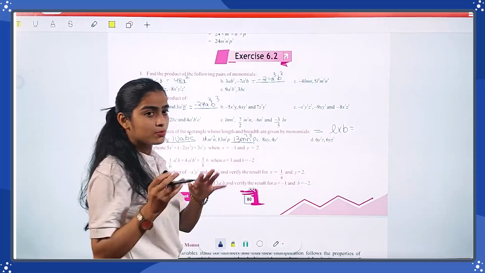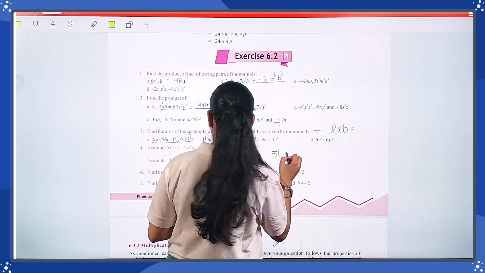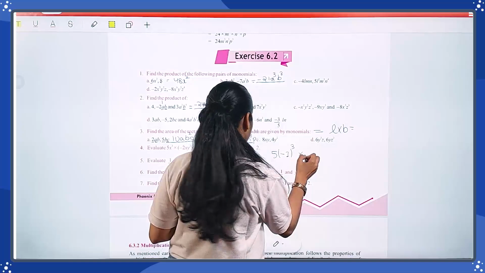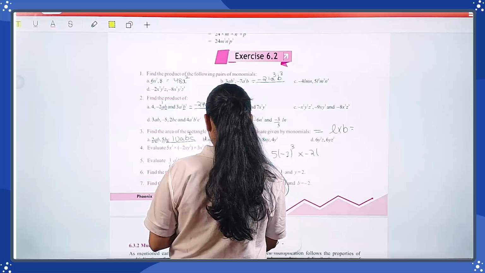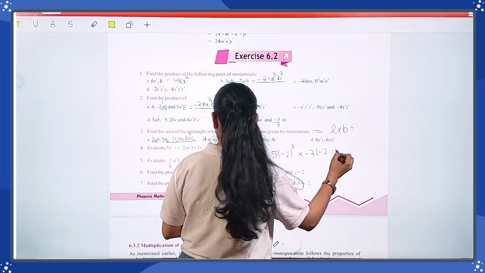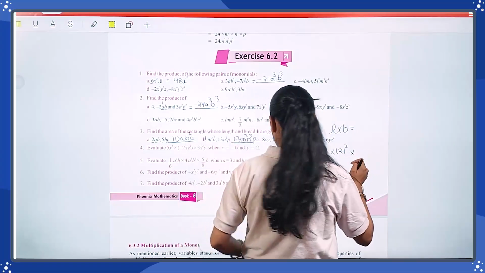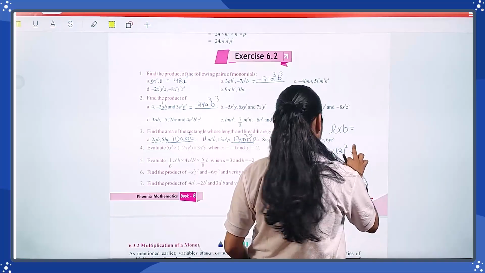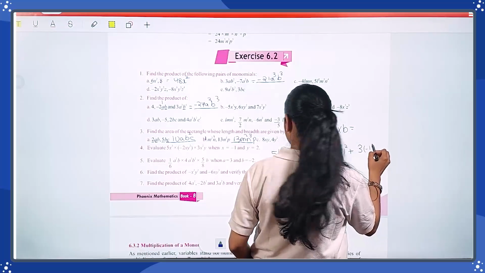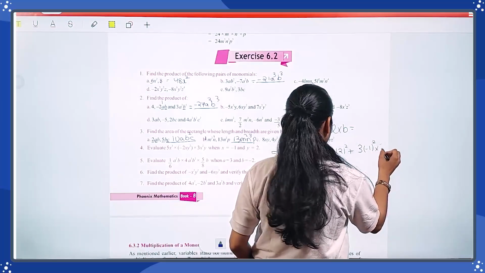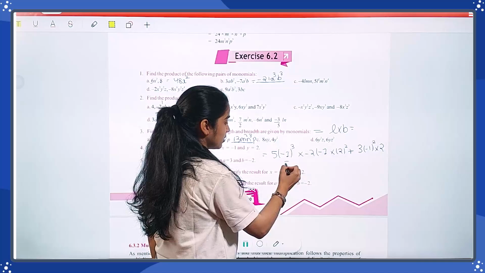So what we have to do is put the values of x and y into this expression: 5 multiplied by minus 1 cube, multiplied by minus 2 times minus 1 square multiplied by 2, multiplied by 3 times minus 1 square multiplied by 2. Now you have to solve this. Minus 1 cube is minus 1 only, so we write here 5.